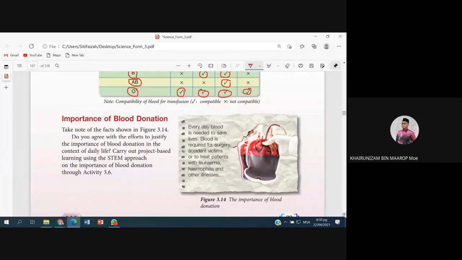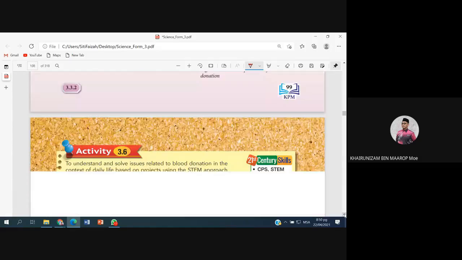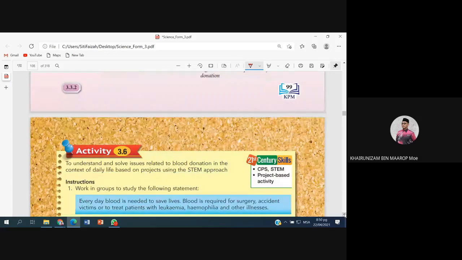Another information about the donated blood. Okay, importance of blood donation. Sometimes donor normally gives about 400 centimeter cube of blood from a vein on his arm.